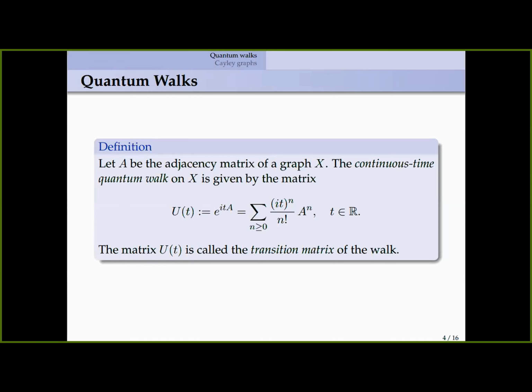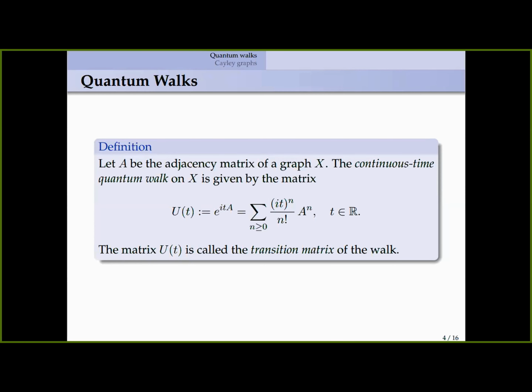If people are familiar with continuous time random walks, you might notice that this definition is quite similar to that. For a random walk, we would get the matrix e to the power of minus t times some matrix. So it's just the i that is different here. In the case of a random walk, we get a stochastic matrix where the entries are probabilities.